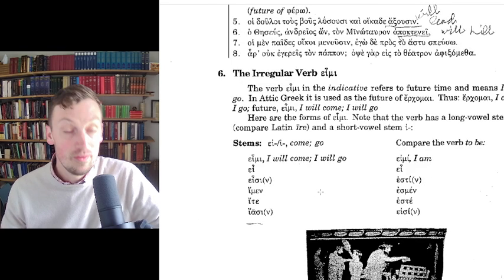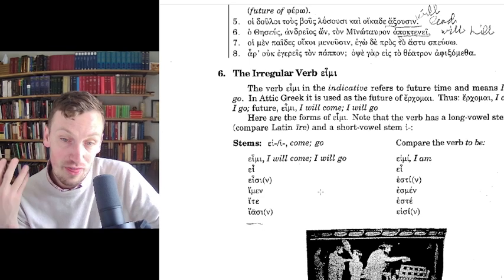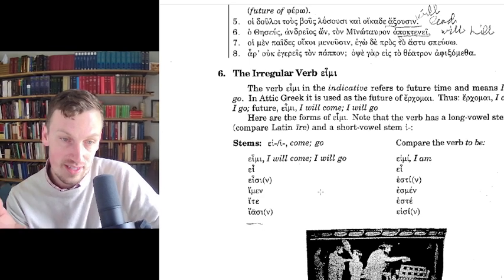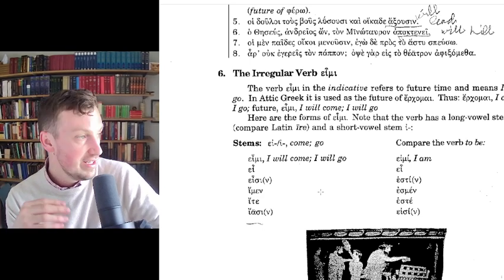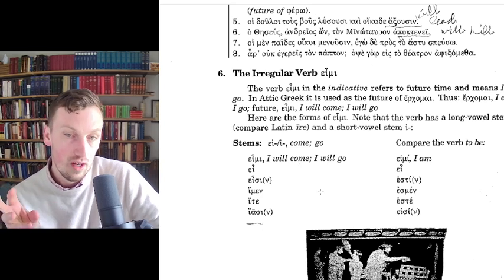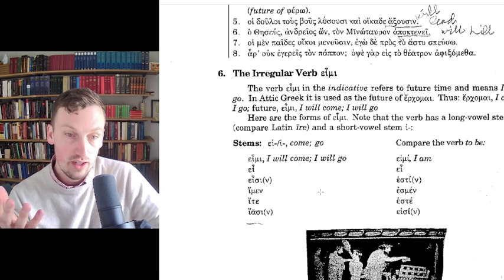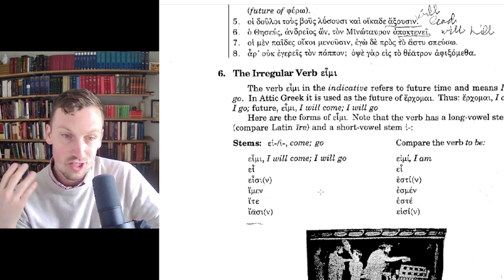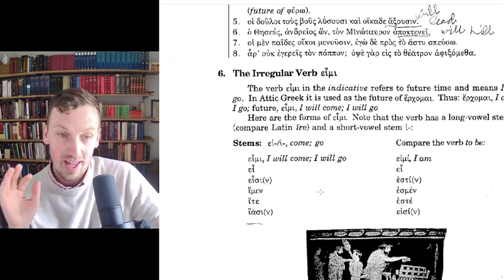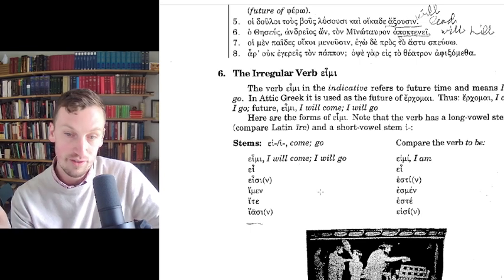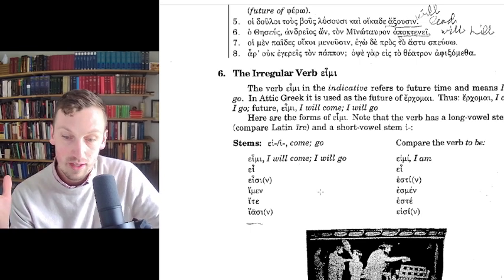This isn't that hard. This is mostly a thing to be aware of, to see these and know there is a weird future to go that has no resemblance whatsoever to the underlying verb erchomai. No similarity. It is just a different verb they're using for the future, and it's a super regular verb that belongs to a class of verbs that you won't learn till the end of Greek.